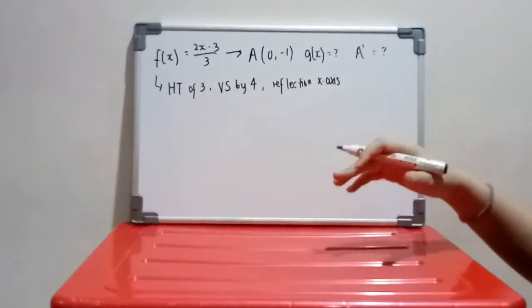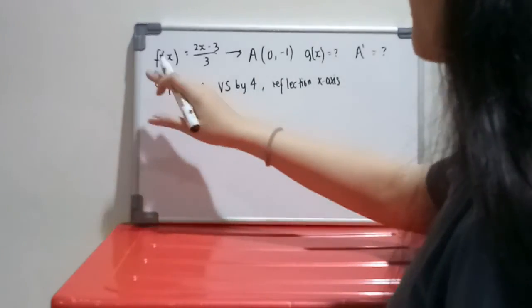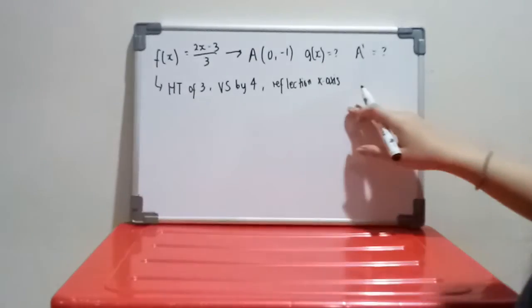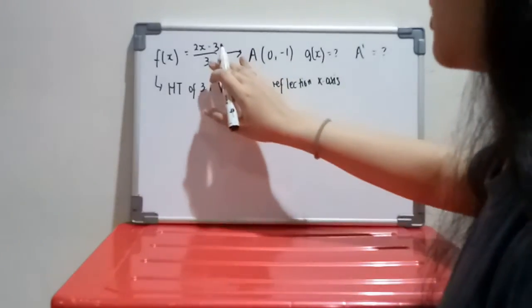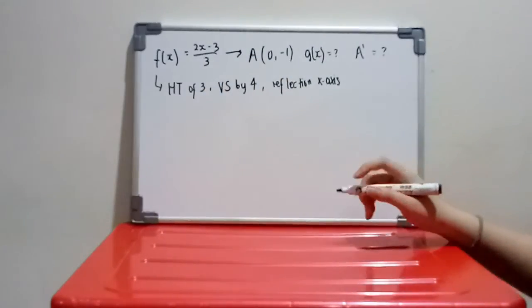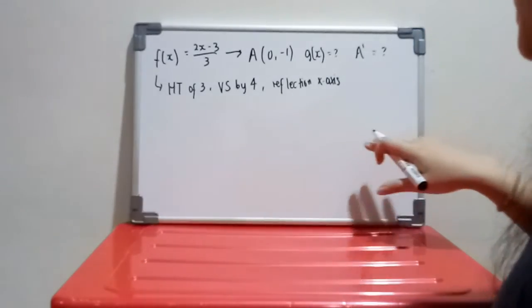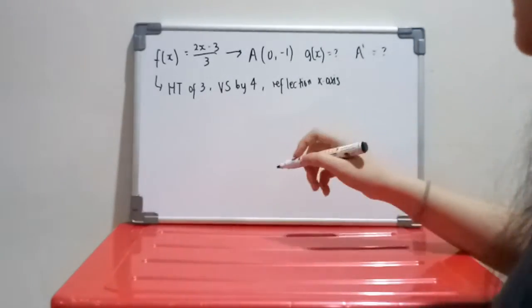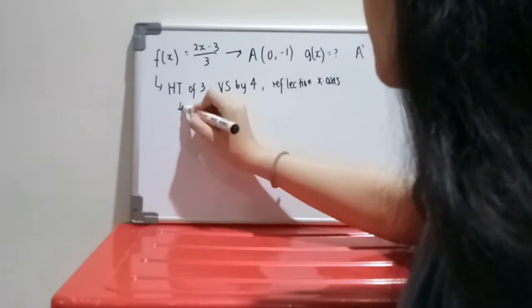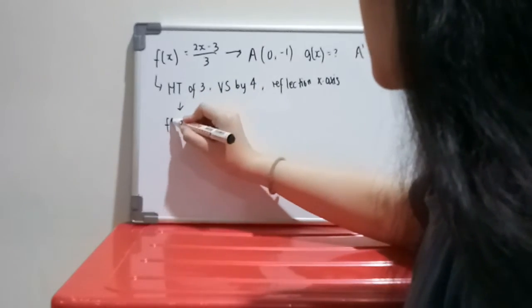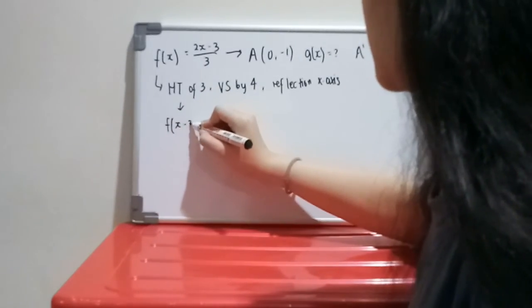I would suggest substituting f(x) first with all these transformations before placing the actual value. So these are already in order of which comes first. From horizontal translation, we get f(x minus 3).